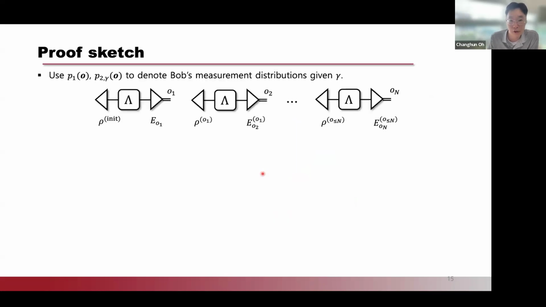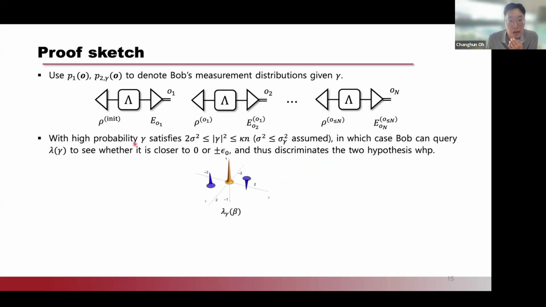Maybe let me give you a clearer picture here. Bob prepares his entanglement-free scheme, and then he has learned the channel. And then if the gamma Alice reveals satisfies this condition, so gamma is sufficiently large, but at the same time not too large, then Bob can query this lambda gamma to see whether this is closer to 0 or some epsilon.